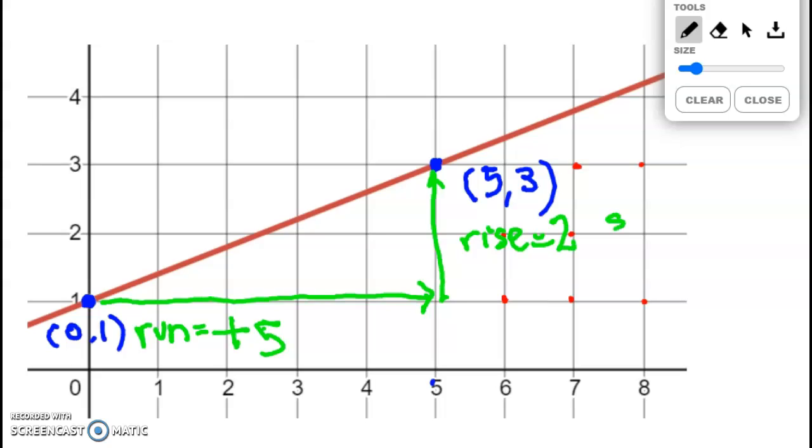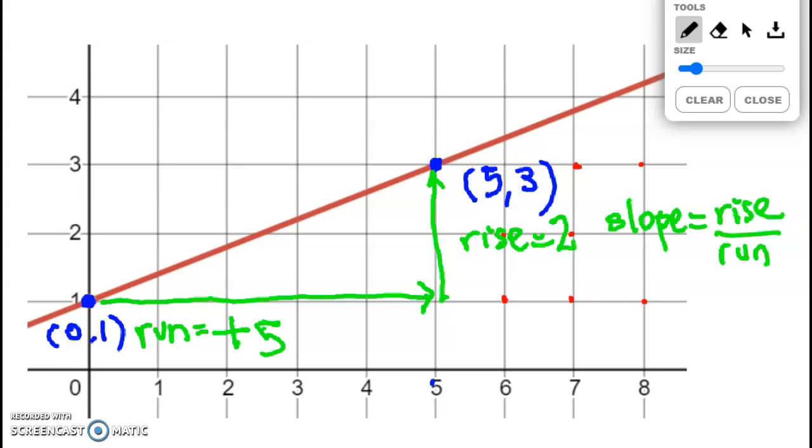And slope is always rise over run. Every time you use this formula, you should be writing it out. That's how you memorize formulas in math. You don't just sit down and memorize it like that.